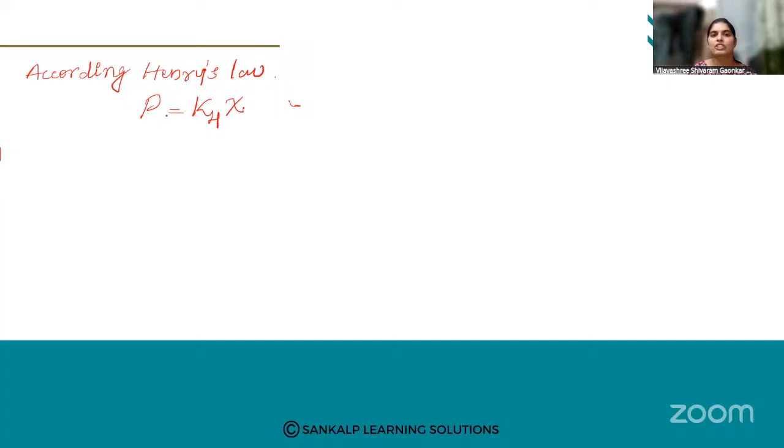Okay, partial pressure is equal to KH into mole fraction. This is the mathematical formula of Henry's law.